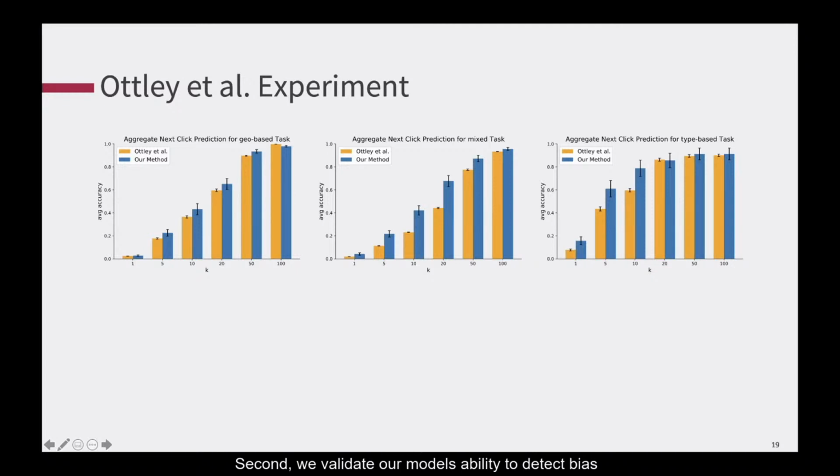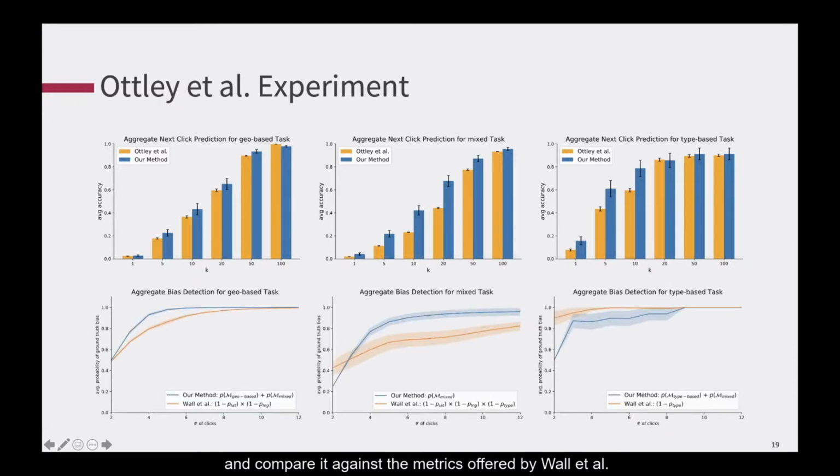Second, we validate our model's ability to detect bias and compare it against the metrics offered by Wall et al. As shown in the figures, the x-axis is the number of observed clicks, whereas the y-axis is the average probability of ground truth bias, averaged across all sessions for a given type of task.